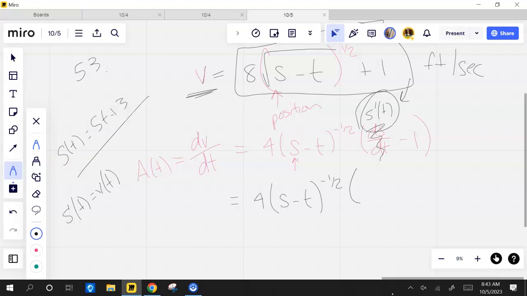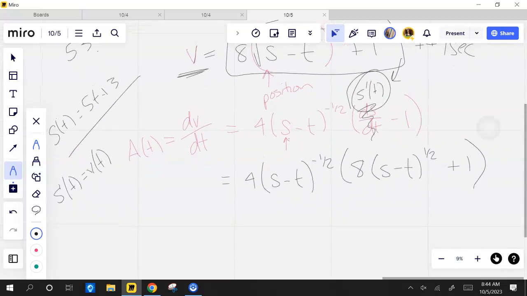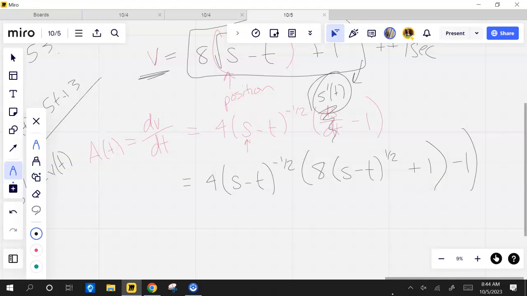Y'all are going to hate related rates. You hate this? I'm going to make this 1/2, see it a little better. Minus 1. Right, because it's velocity.